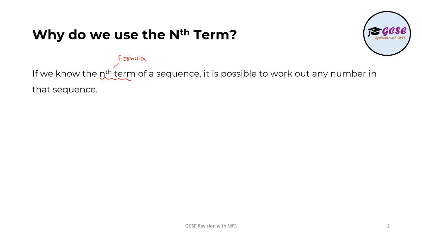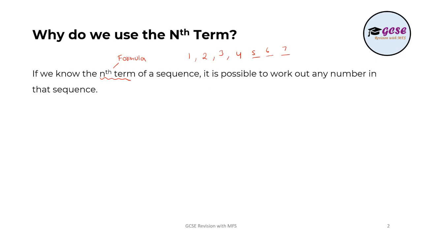The term is just the number in the sequence, and you use it to work out the rest of your sequence. For example, with an easy sequence like 1, 2, 3, and 4, you know that the next few numbers are going to be 5, 6, and 7. But what is the actual nth term of the sequence? That's what we're going to be looking at in today's lesson.